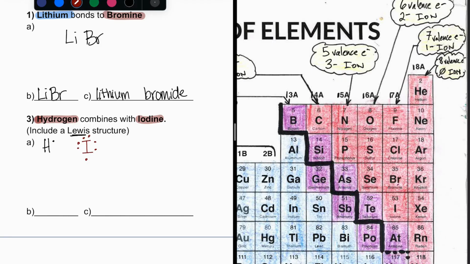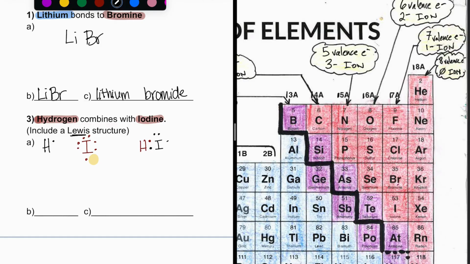It needs 1 more, and I can see that I have this little spot right here where I can add my hydrogen onto it. So I'm going to draw it out. H with 1 electron. And then I'm going to do 2 different colors, but you can use dots and crosses on yours. And then I'm going to put my iodine next to it here.